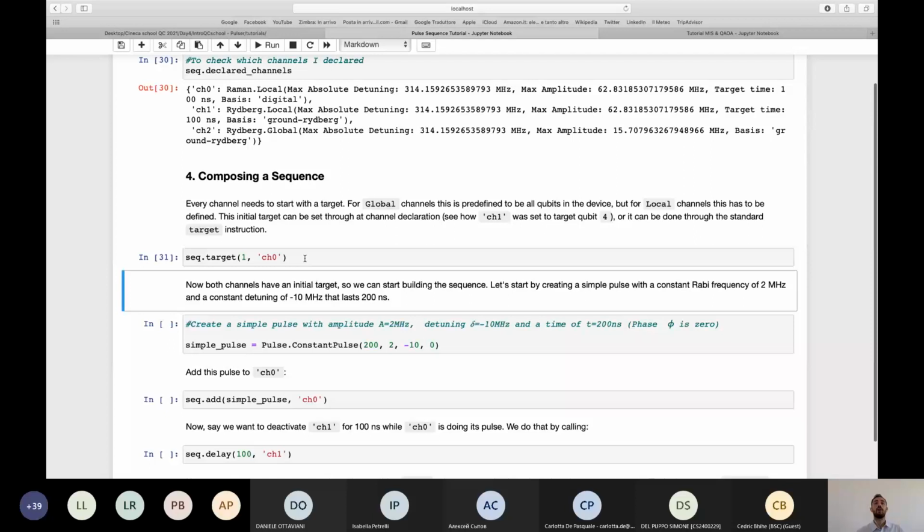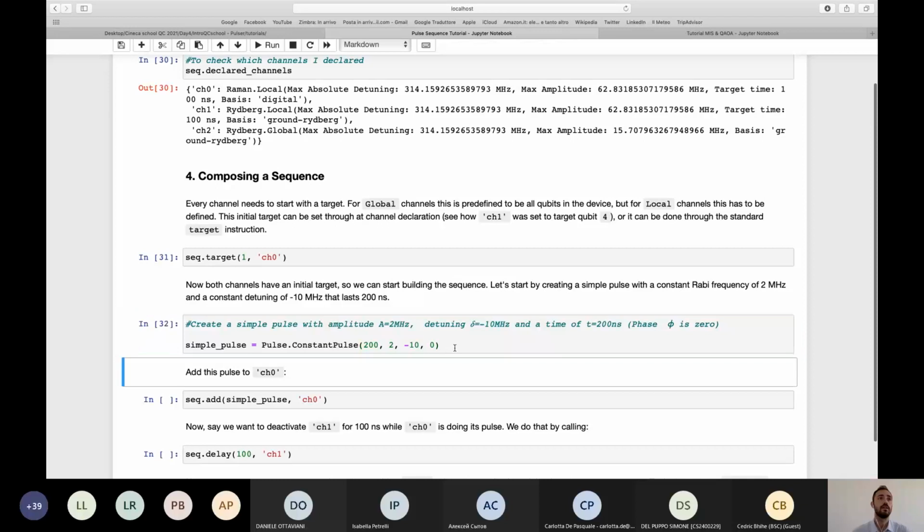And now I'm going to create a simple pulse. This simple pulse is a constant pulse. The first parameter is the time, it lasts 200 nanoseconds. The amplitude, so the Rabi frequency, is 2 megahertz, the detuning is minus 10 megahertz, and there is no phase.